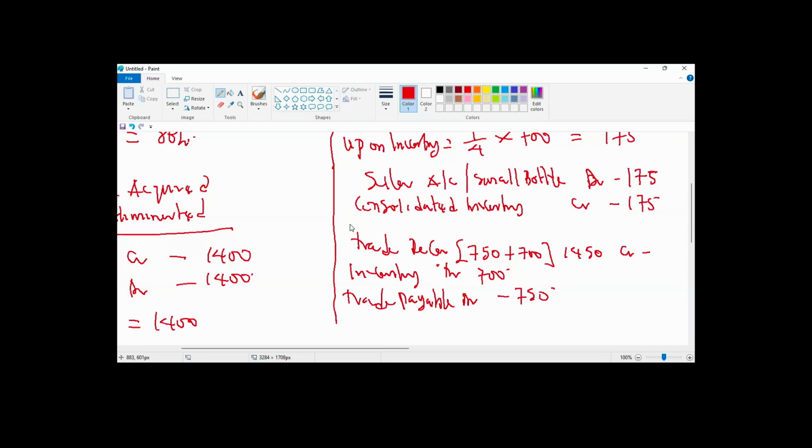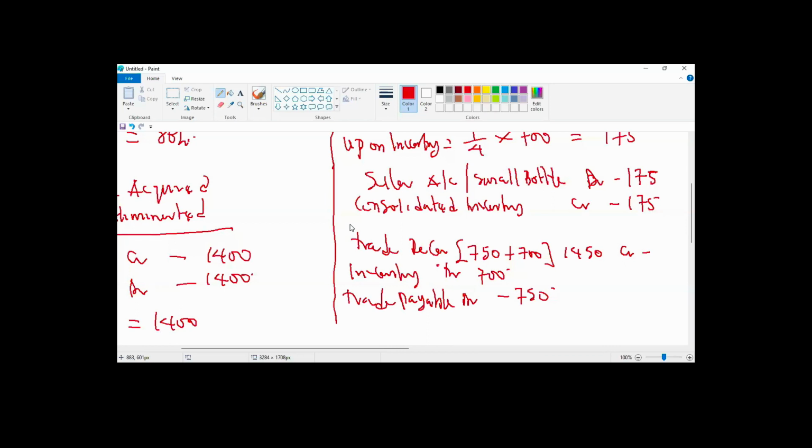In the small bottle that sold the goods, in his own record, his total receivable will be 750 plus 700, which is 1,450. It's what you have known.